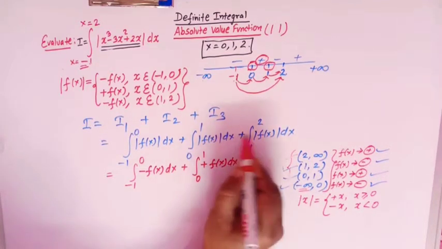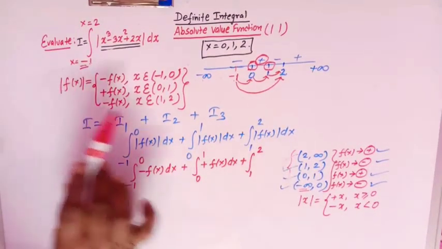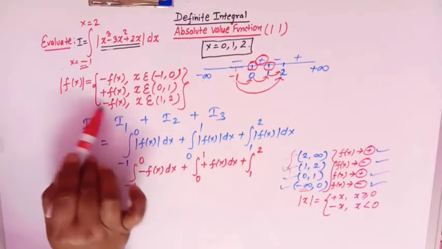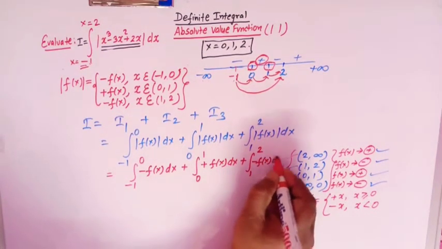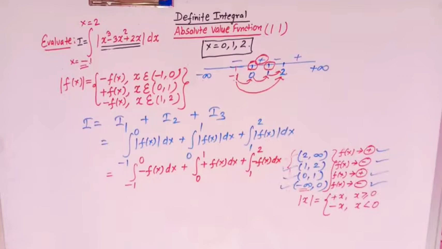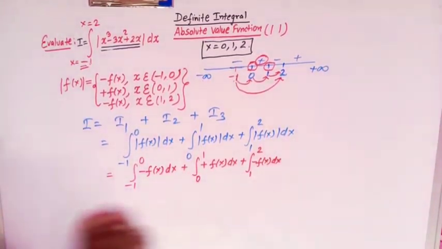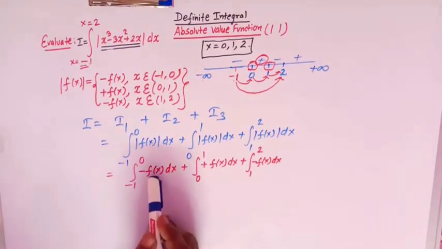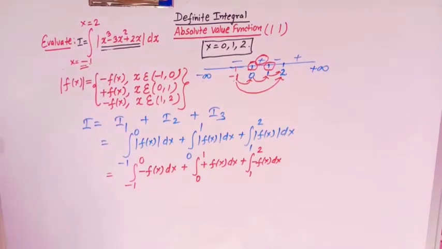And when we have 1 to 2, then mod of f of x is equal to negative of f of x and dx, right? So now our aim is to solve these three integrals, right? And where f of x is given by this cubic polynomial.